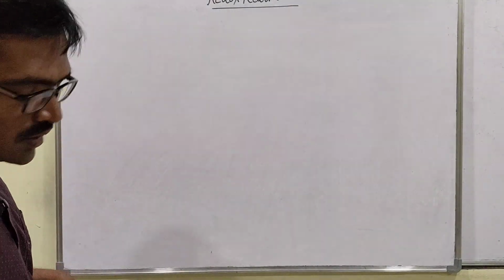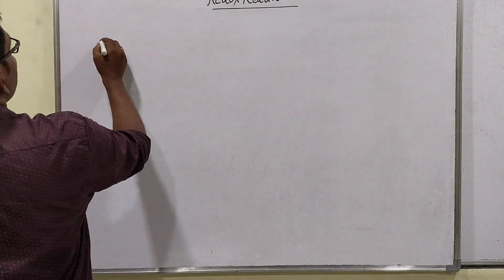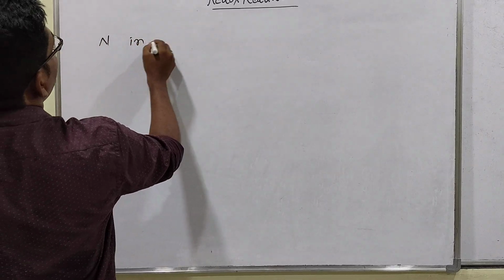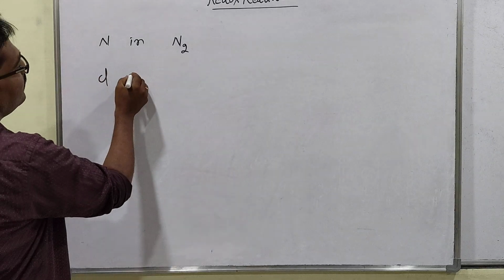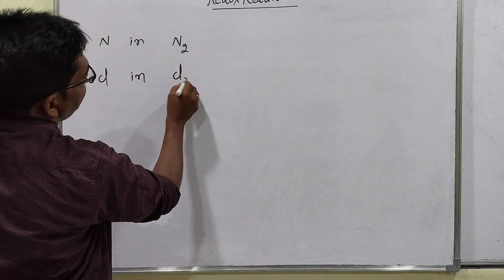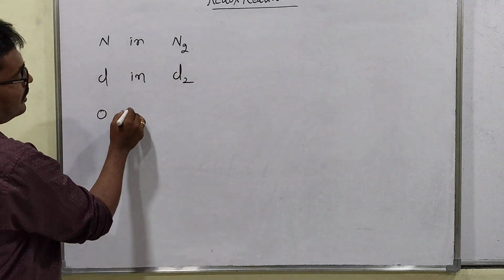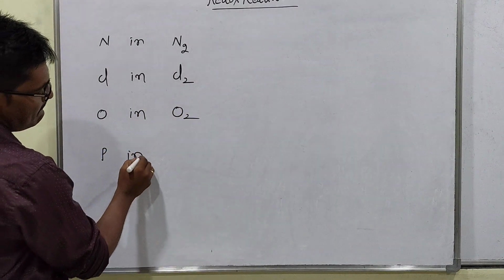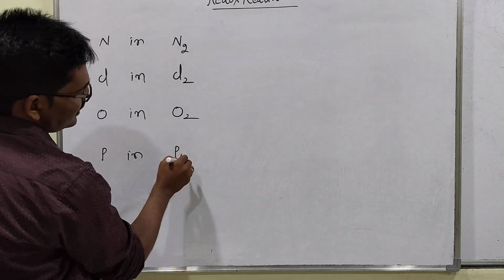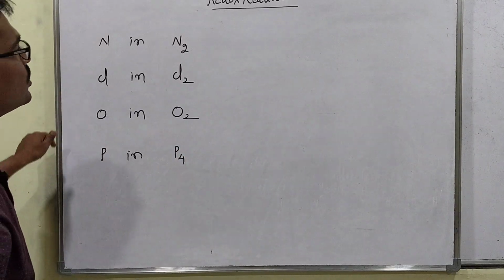So what are those I told? Nitrogen in N2 molecule, chlorine in Cl2 molecule, oxygen in O2 molecule, phosphorus in P4 molecule, like this they are mentioned.